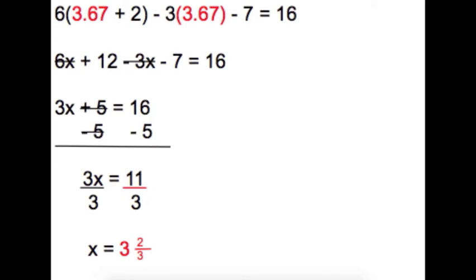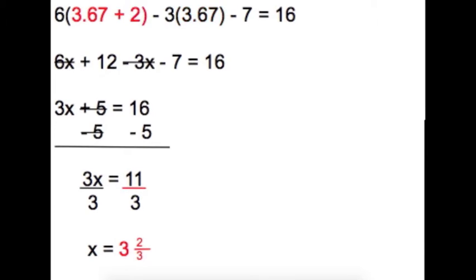Remember, it's important to substitute our answer back into the equation to check our work. In this example, we will plug 3 2/3, or the decimal form, 3.67, back into our equation. Notice that we substituted it in for both x's, because there were 2 x's in our original equation. Following order of operations to simplify, we will do what's in parentheses first. 3.67 plus 2.